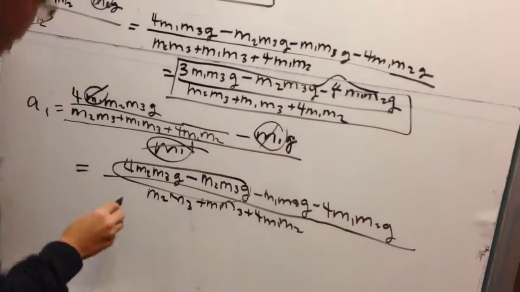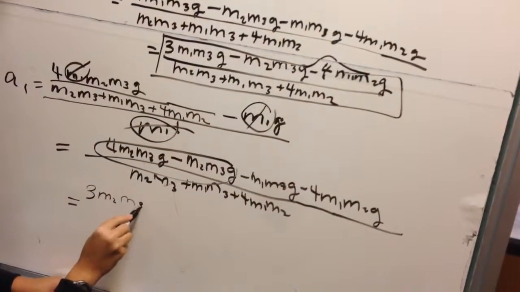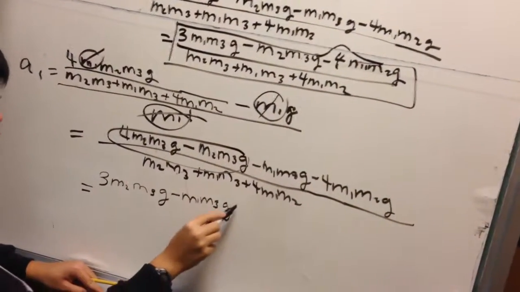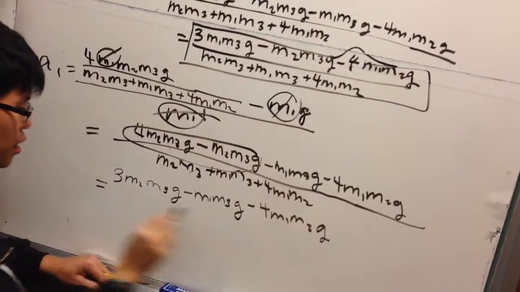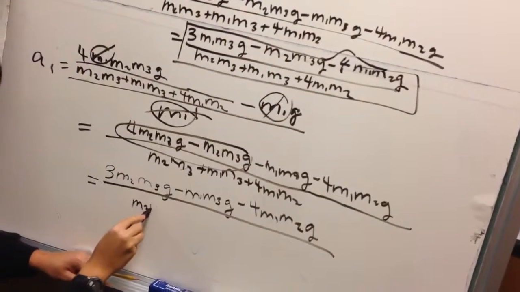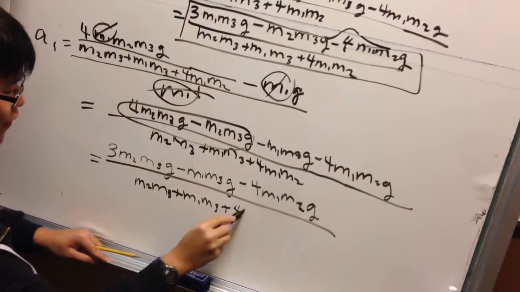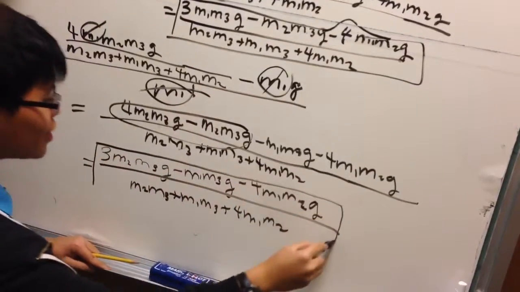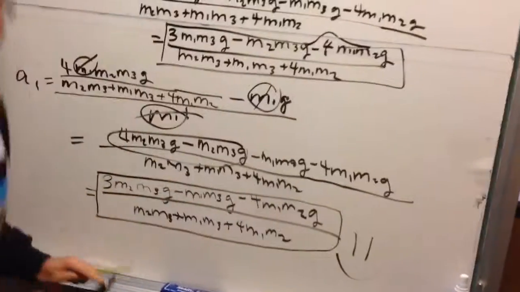Just combine these two things, and then we get 3 M2 M3 g minus M1 M3 g minus 4 M1 M2 g all over M2 M3 plus M1 M3 plus 4 M1 M2. This is our acceleration 1. Okay, so I think that's it. So happy face. That took a long time, but that's the answer.